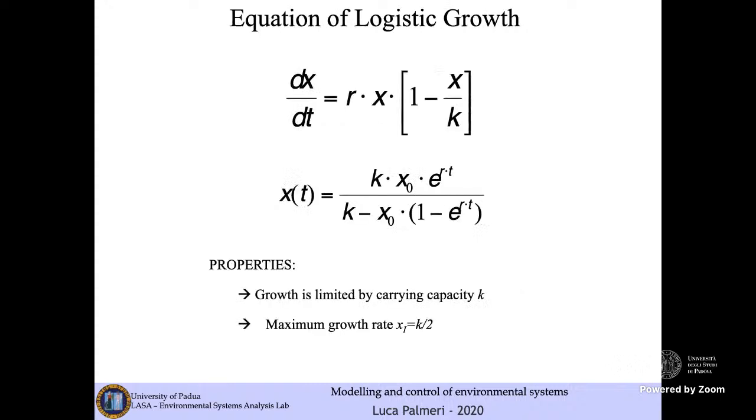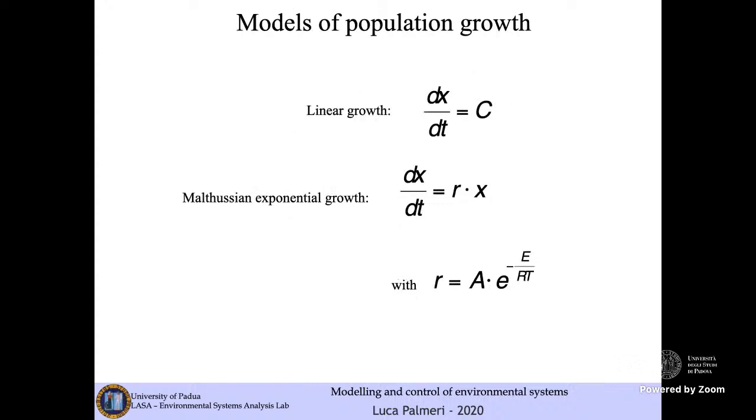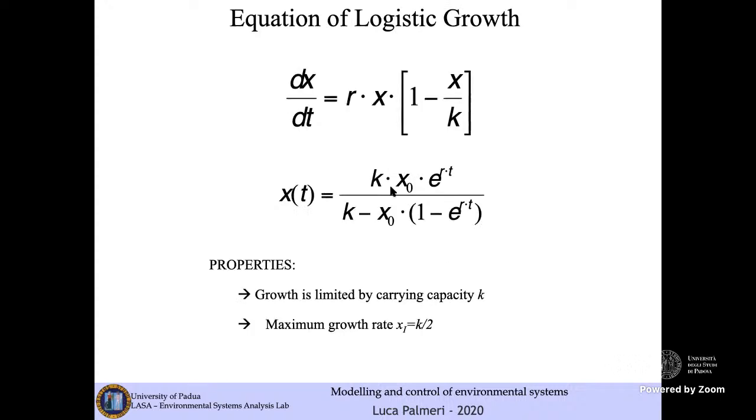And then the solution of the equation of the logistic growth, that is the Malthusian exponential growth, on which you have a limiting effect. In this case, we may find a solution.